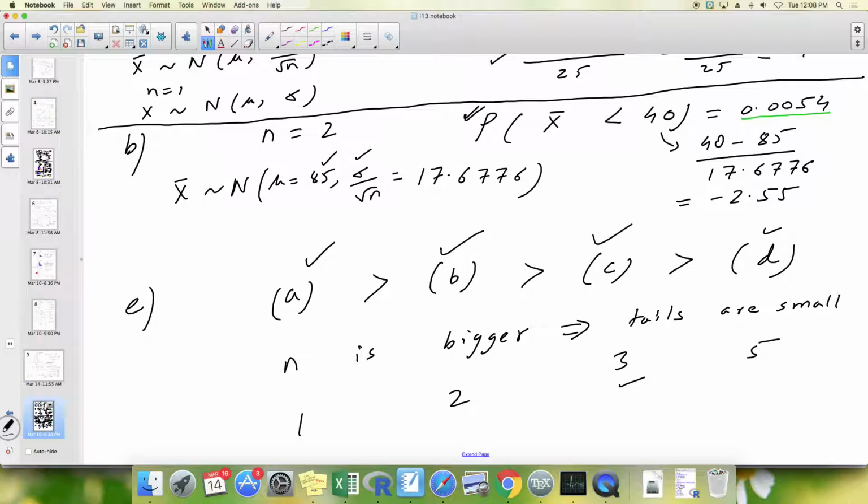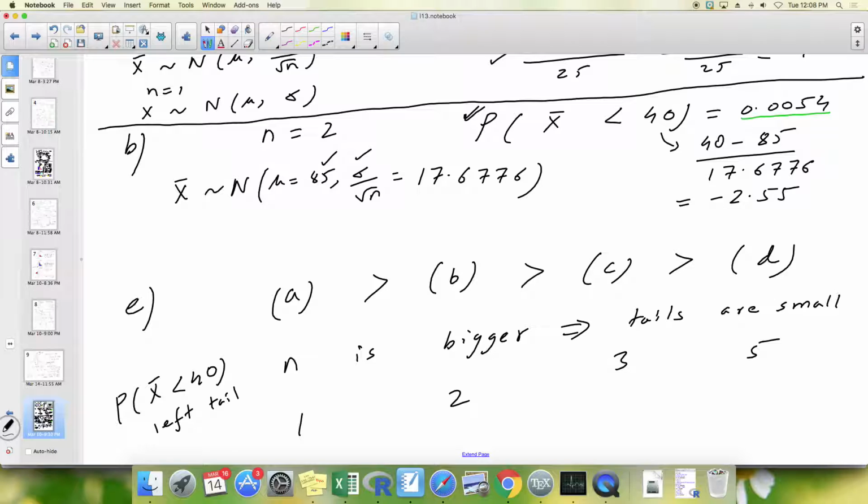For C, n equals 3, and then n equals 5. We are talking about the probability x bar less than 40, and that's a left tail.